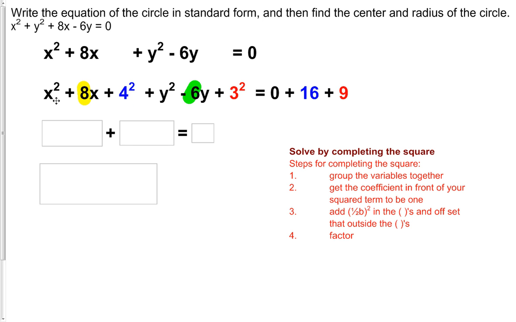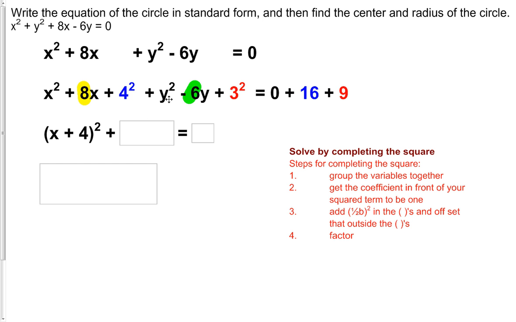On the x's, we have an x plus 4, because we always take the lead coefficient plus or minus half of b. So in this case, since b is 8, half of b is 4, and we know that if we were to FOIL this out, we would end up with x squared plus 8x plus 4 squared, or 16.